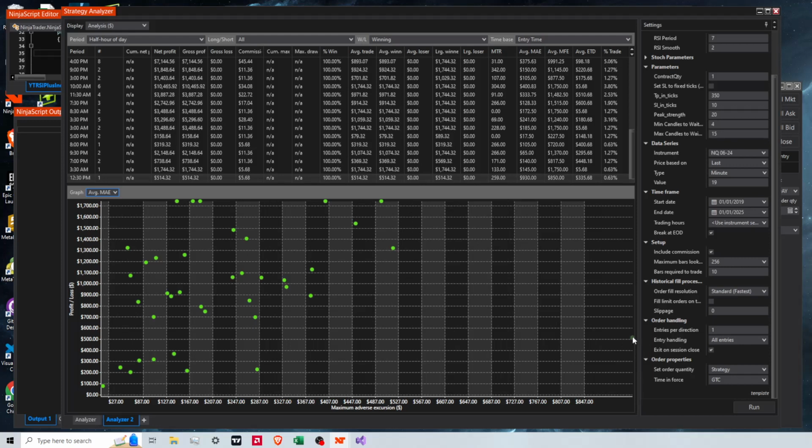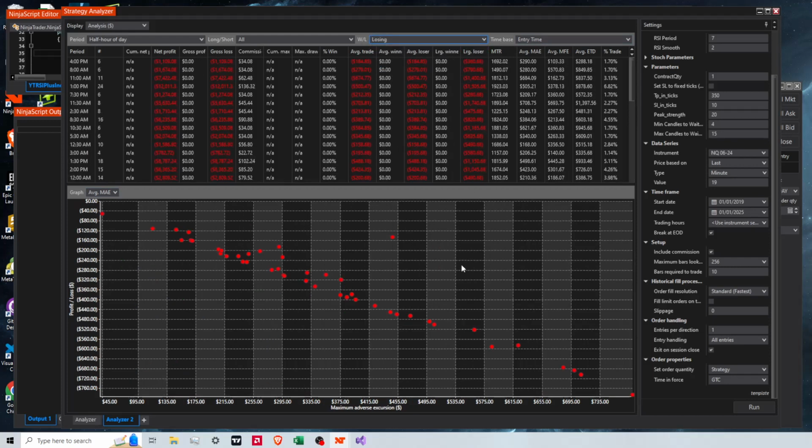That would have saved this trade. Let's see, ended up winning. No, that wouldn't work. But yeah, now you guys can see, there's a lot of stuff you can do with these strategies.